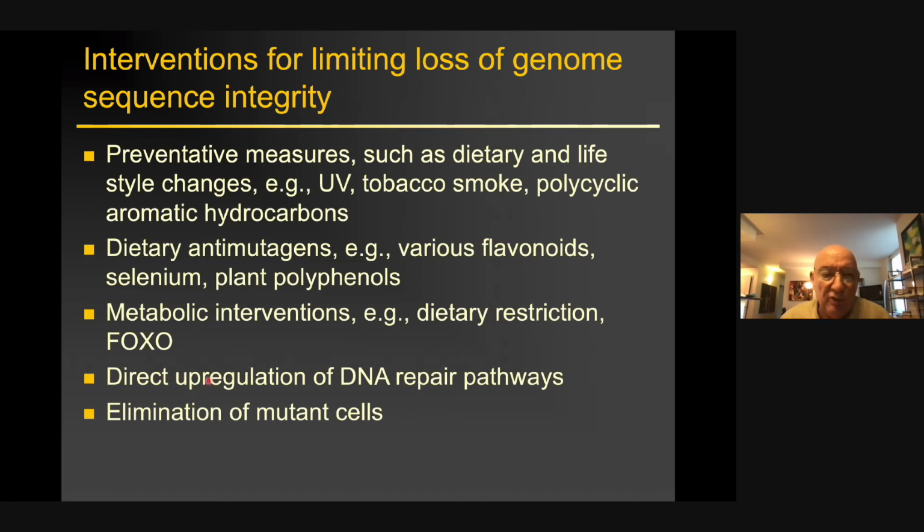You could obviously think of upregulating DNA repair pathways, but I learned from Jan Hoeijmakers, and I of course agree with him, that that's actually extraordinarily difficult and probably highly unlikely to happen, but you never know, and we should try. And finally, I think that really is a viable option, is to try to eliminate mutant cells and mutant clones, try to identify the possible therapeutic targets for that, to eliminate those cells and those tissues. So you always keep a healthy tissue.